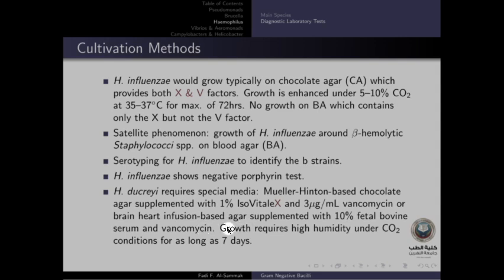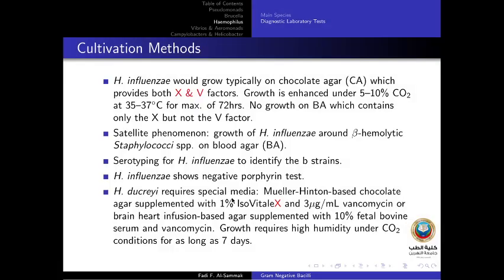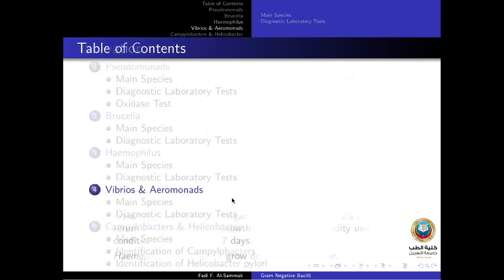So this is the special media, and growth additionally requires high humidity under CO2 condition for as long as 7 days. And Haemophilus species, being fastidious, don't grow on MacConkey agar.